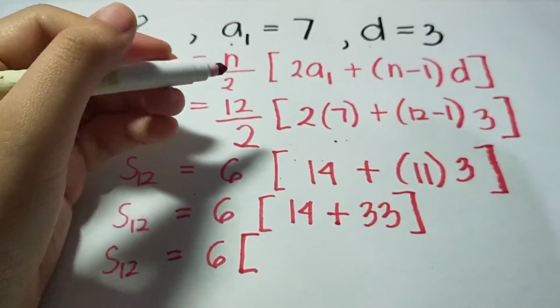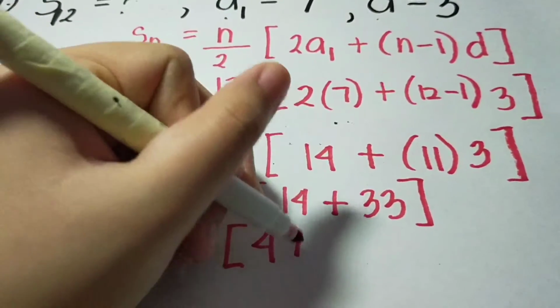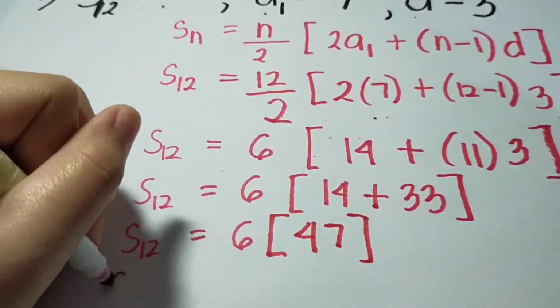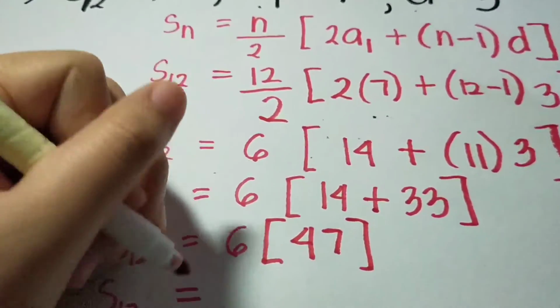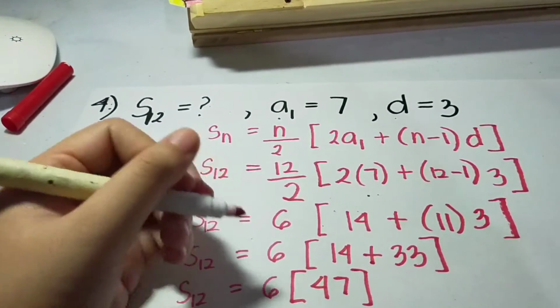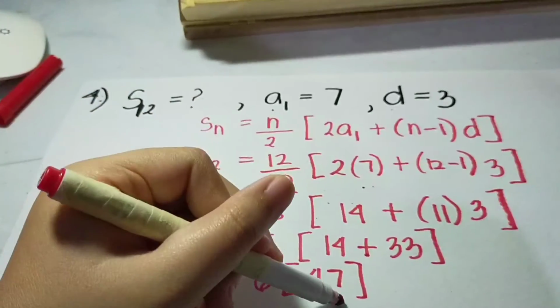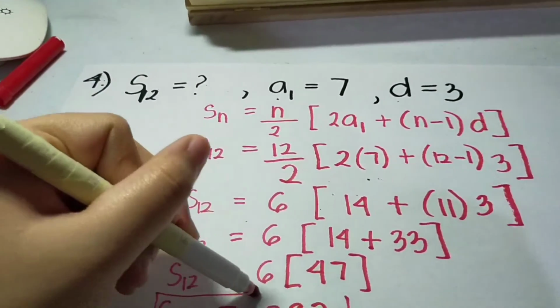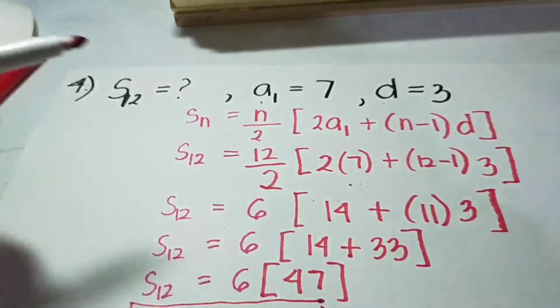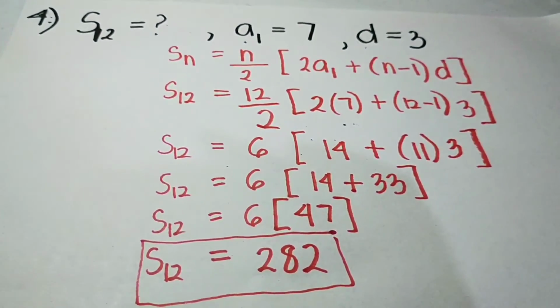Six times 14 plus 33 is equals to 47. S sub 12 is equals to 6 times 47 is equals to 282. So our S sub 12 is 282, which is our final answer for this one.